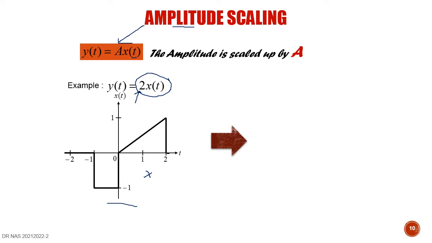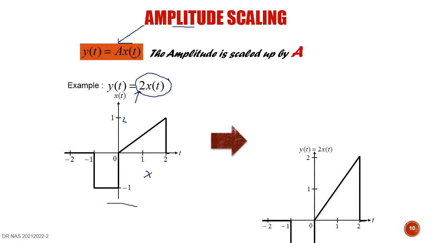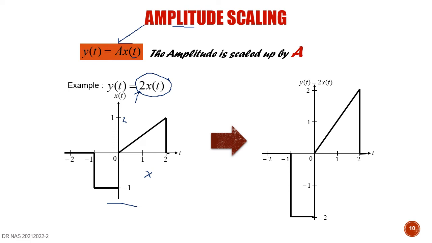So 1 becomes 2, and negative 1 becomes negative 2, but there's no change for t. Now the signal is scaled up in amplitude only.